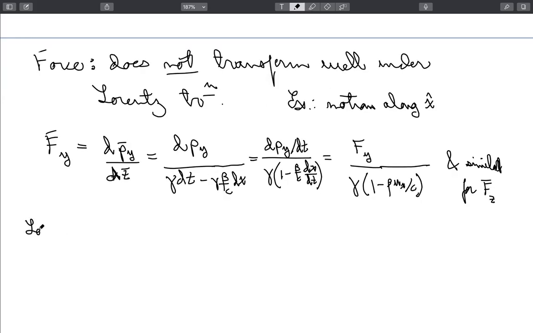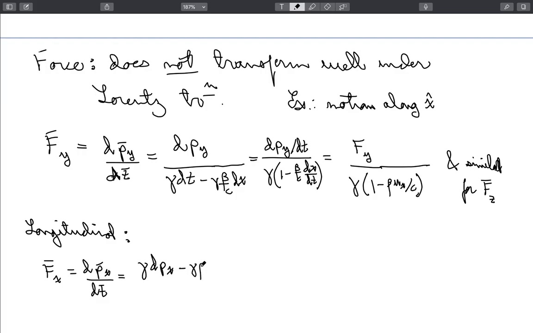For the longitudinal component of the force, we have to do a little bit more work. So Fx is going to be dp̄x/dt̄. Now I need to do the more complicated transformation on the numerator. So I've got γdpx − γβdp0, divided by γdt − γ(β/c)dx.